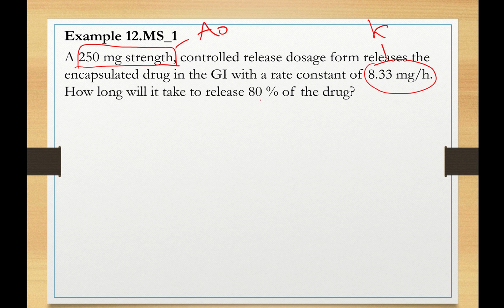How long will it take to release 80% of the drug? Basically, that's 0.8. And 0.8 of 250 should be 200 milligrams. So I need my product K times T to be equal to 200 milligrams.